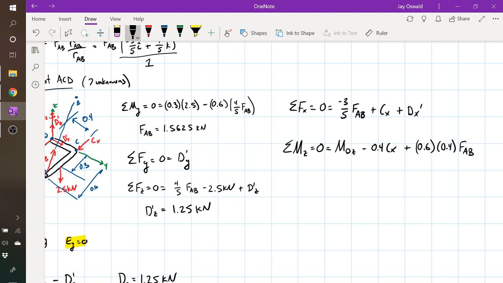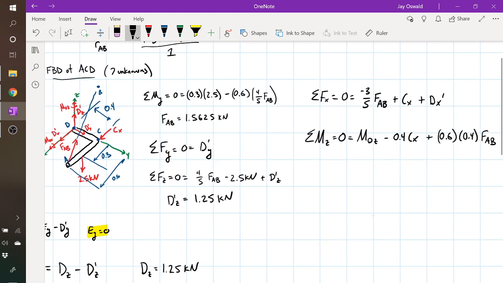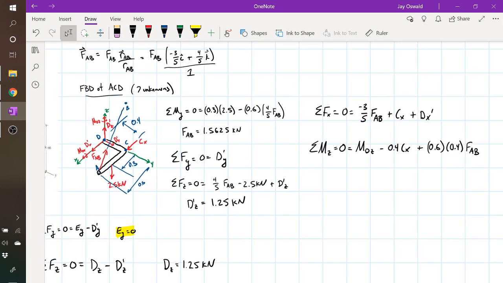This one may not be super helpful to us because MdZ is not going to come out easily from this, I don't think. Yeah, but then won't we do another sum of moments in the Z direction for the other free-body diagram, and then just solve the system of equations with 2 unknowns? Yeah, but I thought there was a way around that.